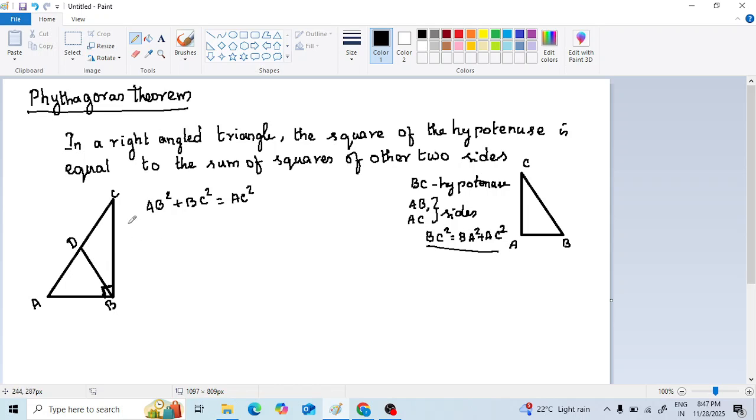First I draw the triangle separately, then you can easily understand.